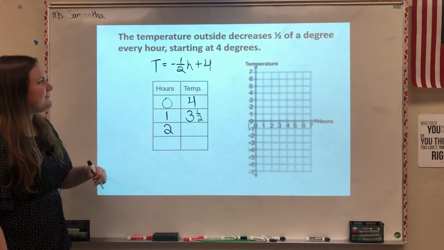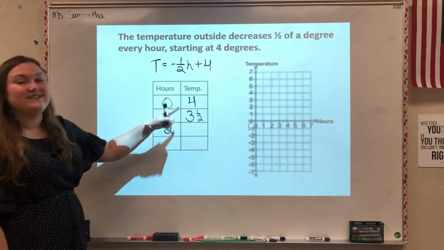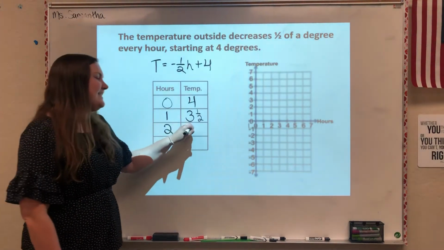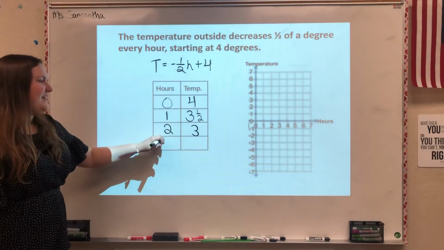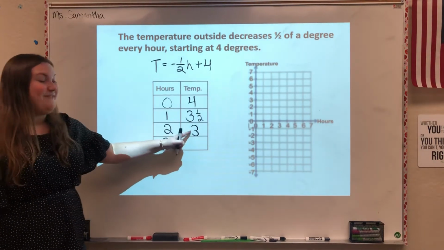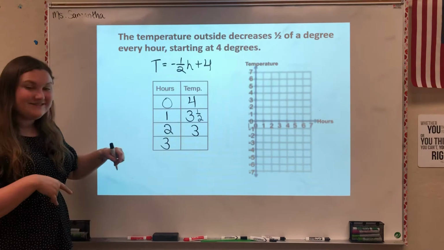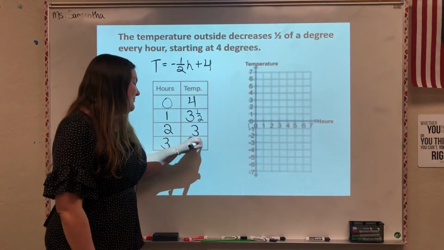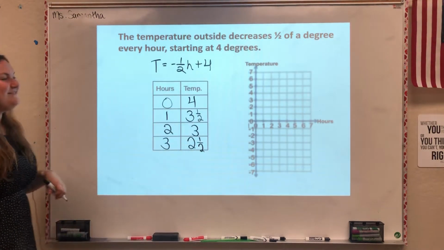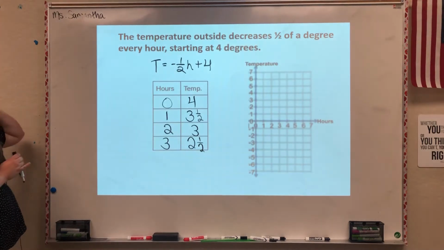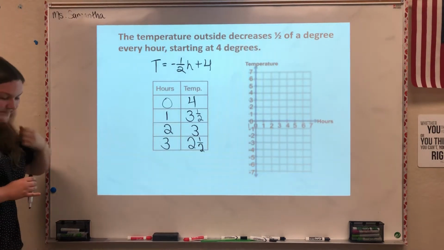After another hour, it's decreased another 1/2 degree, so that's not as bad. That's 3 degrees. After 3 hours, if it decreases another 1/2 degree, now it's down to 2.5 degrees, and we could keep going. There'd be some fractions mixed in with our numbers here.